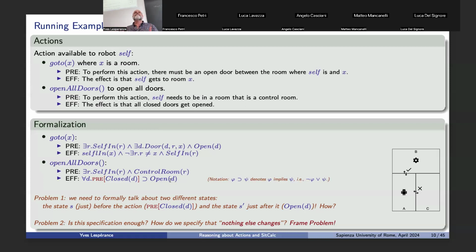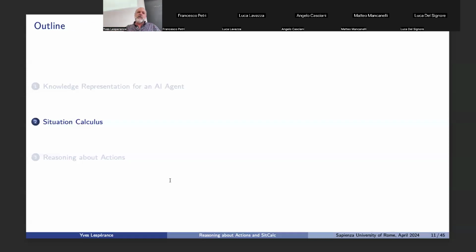It's important. It includes a lot of things. So we'll see that this is a key problem, representing this notion of nothing else changes in reasoning about action. So any questions so far?